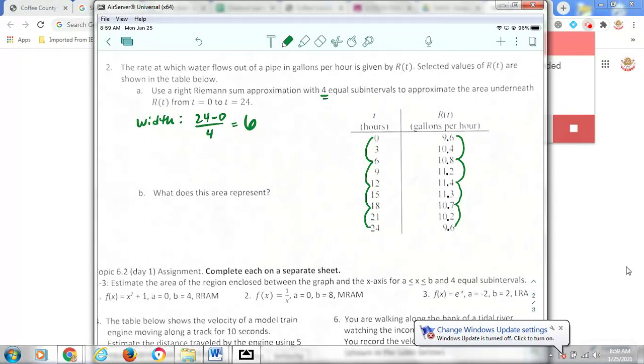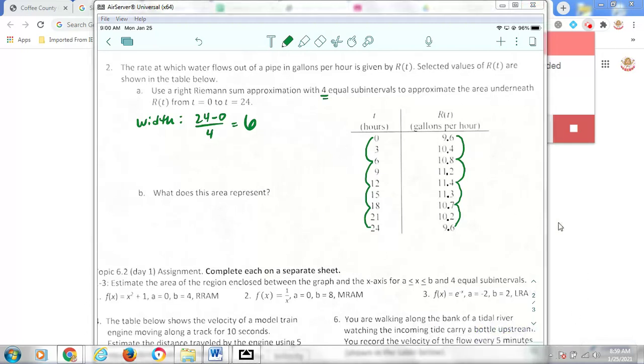Now I do know my width of every rectangle is going to be 6. I need to know the height of every rectangle, and this is organized vertically.